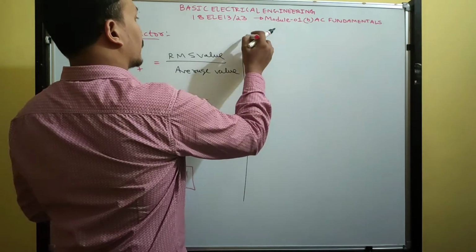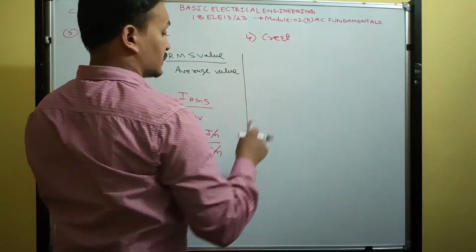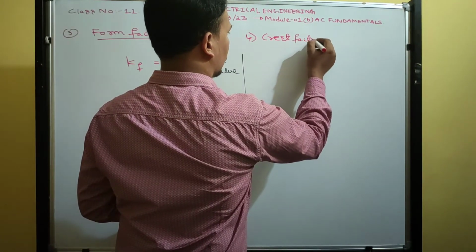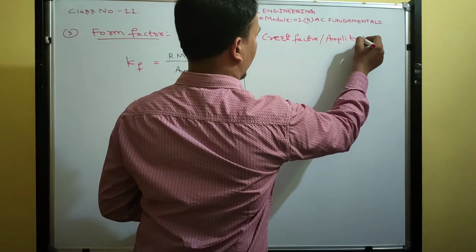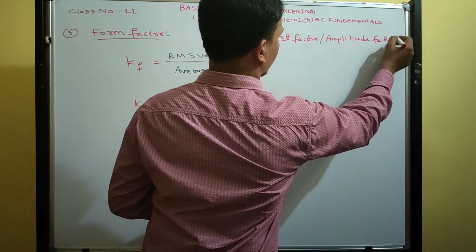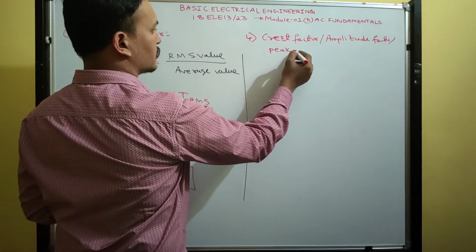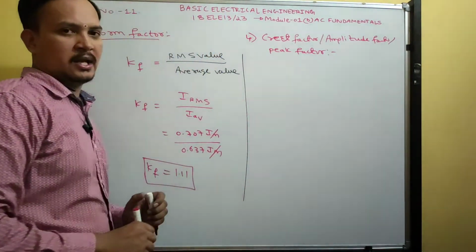Number 4, crest factor. Crest factor, or amplitude factor, or peak factor. So many namings are there, and different authors use different namings.